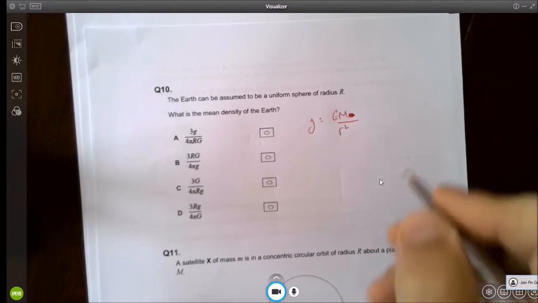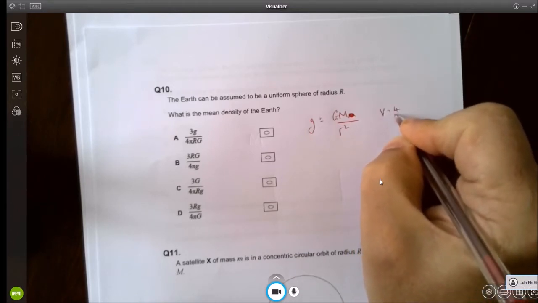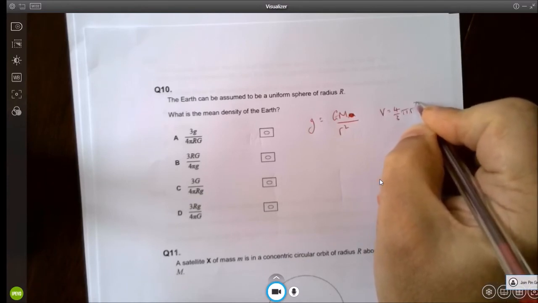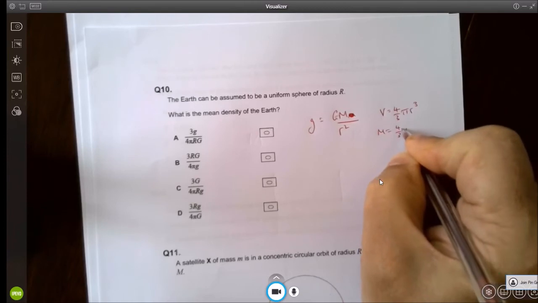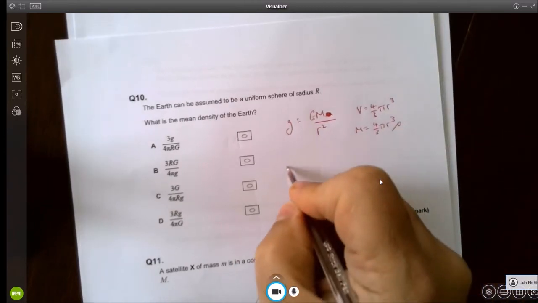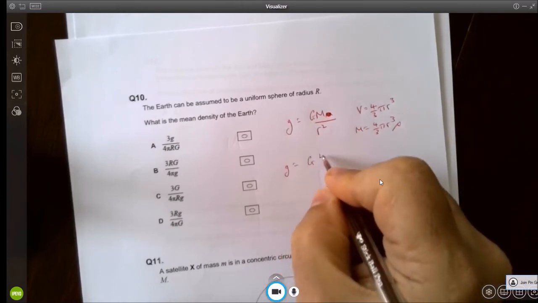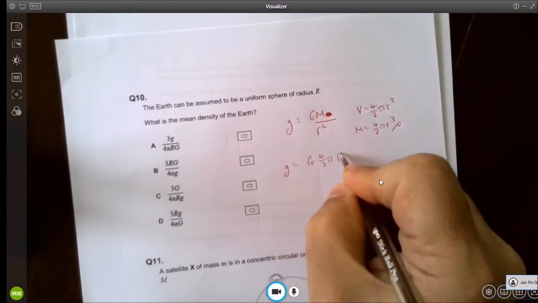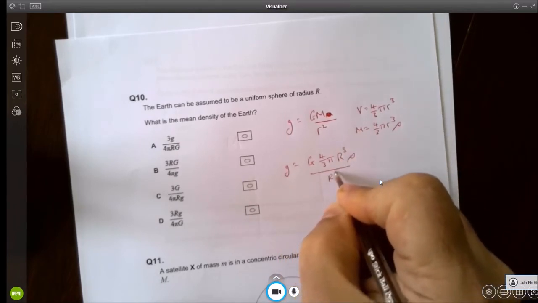But density is not there, so you also need to know the volume of the sphere is 4/3 pi r cubed, and therefore the mass of the sphere is 4/3 pi r cubed rho. So if we go back to this one, g equals G times 4/3 pi, they've used a big R, so R cubed rho over R squared.